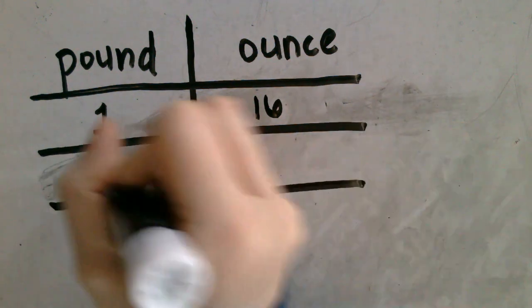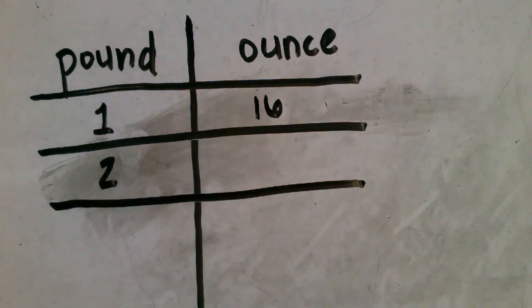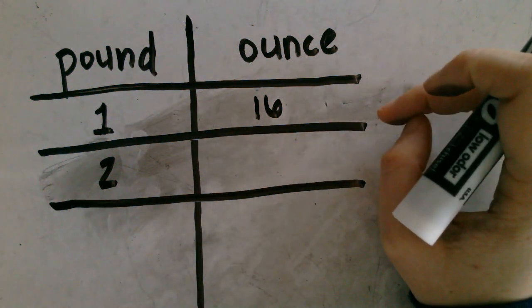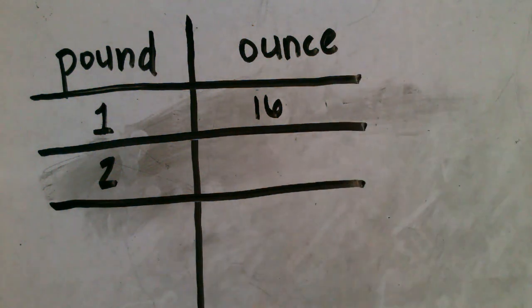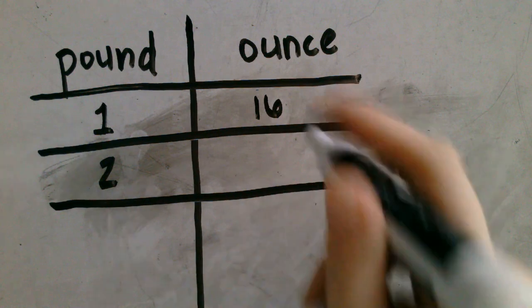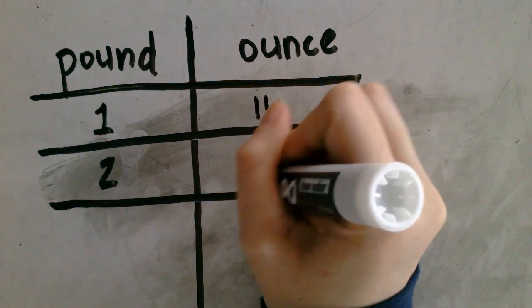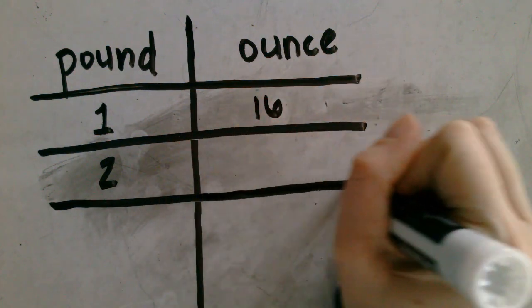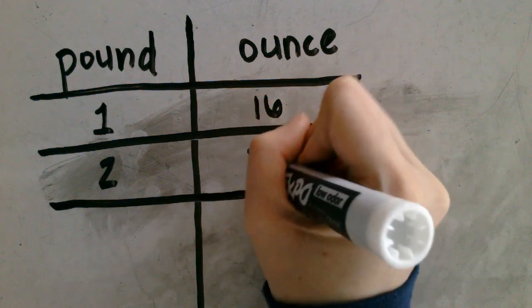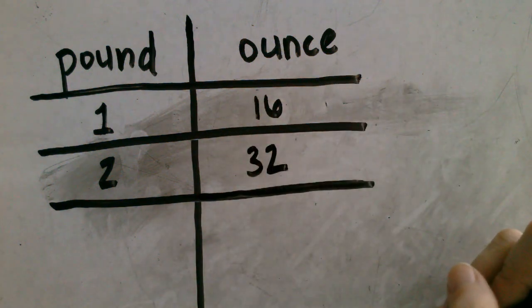If we wanted to determine how many ounces are in 2 pounds, we can add 1 pound weights into our scale and then see how many we need to balance it. Or we can just double 16 ounces, multiplying it by 2 to help us get our total of 32 ounces.